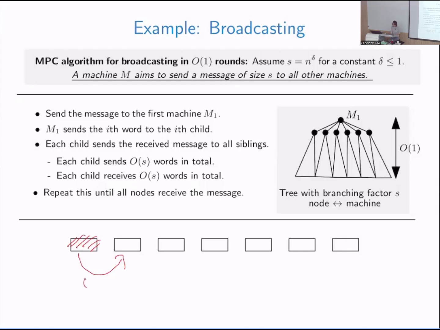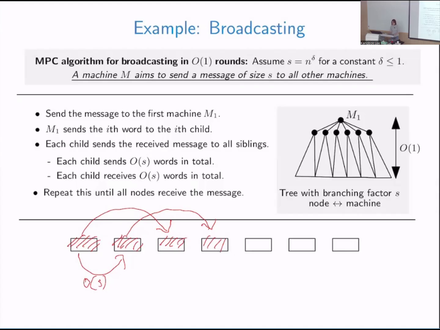Because the size of the message is order of S, it can be done in constant rounds. So at the end of the first round, those two machines have the same message. Then in the second round, this machine sends its message to the third machine, and this machine sends its message to the fourth machine. Then at the end of the third round, those four machines have the same message.